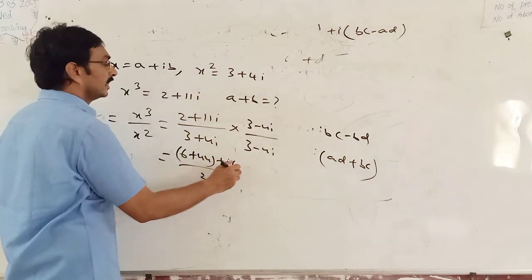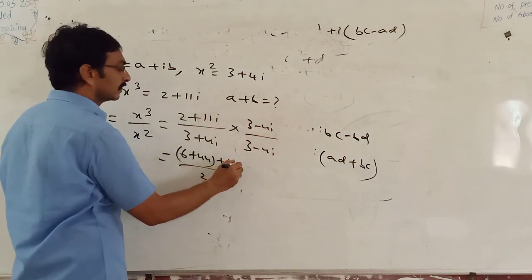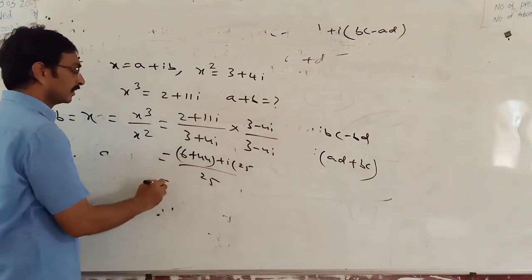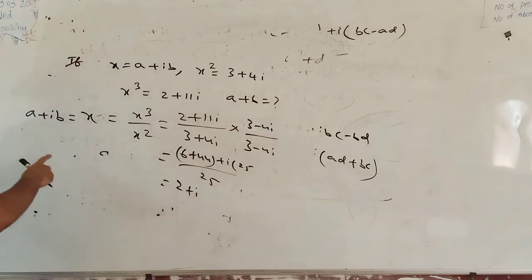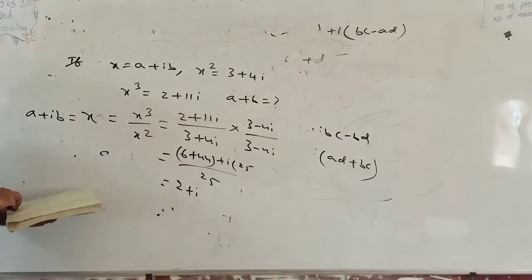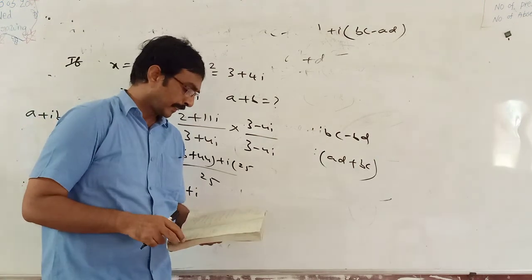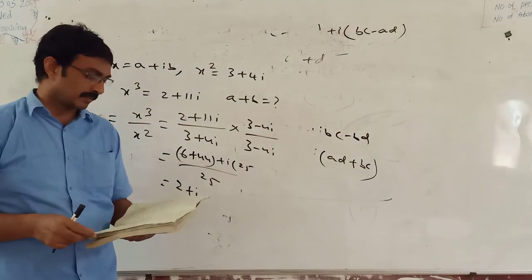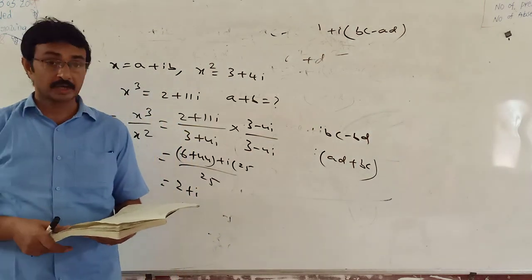Next, imaginary: minus 8i plus 33i. Therefore 50 plus 25i over 25. So 50 by 25 is 2, plus i. So by comparing, a is 2, b is 1. Therefore a plus b equals 3. So this is about the definition of complex numbers and properties of complex numbers. Tomorrow we will continue.